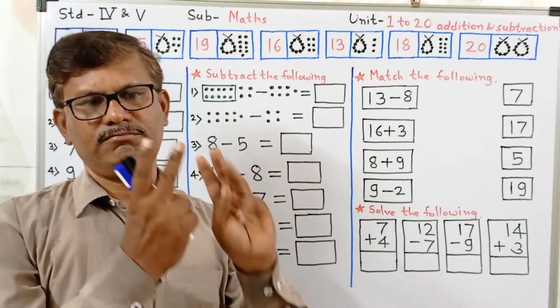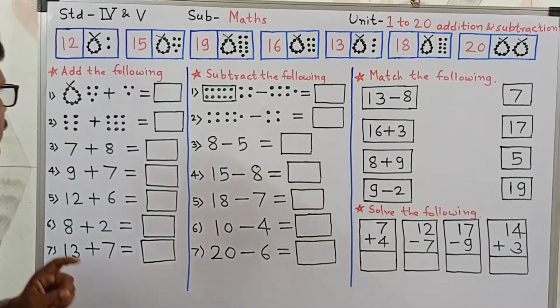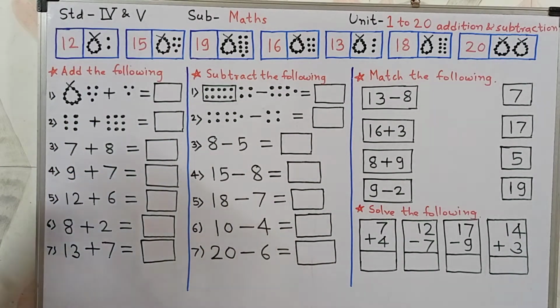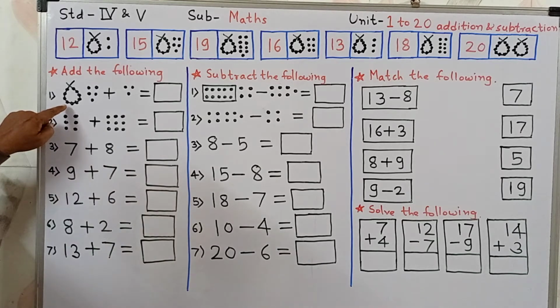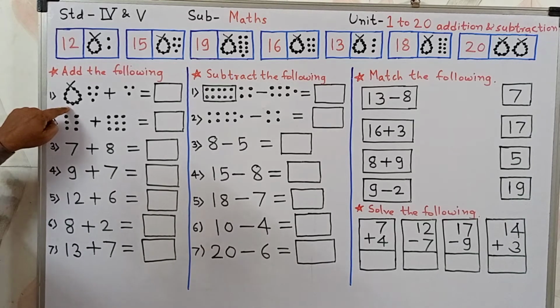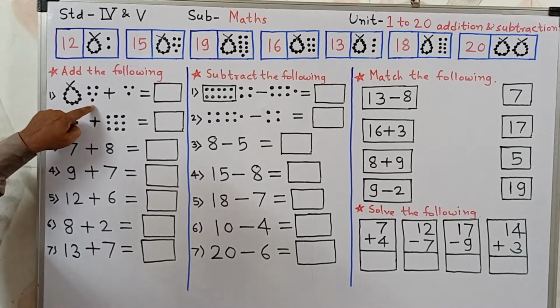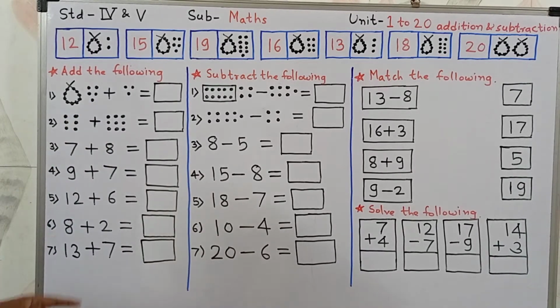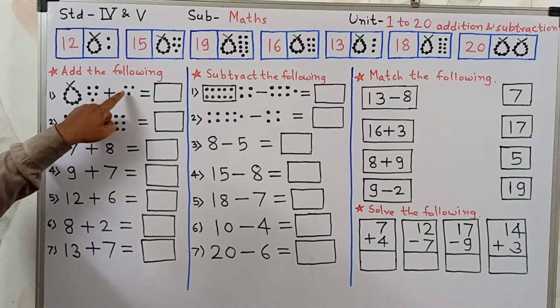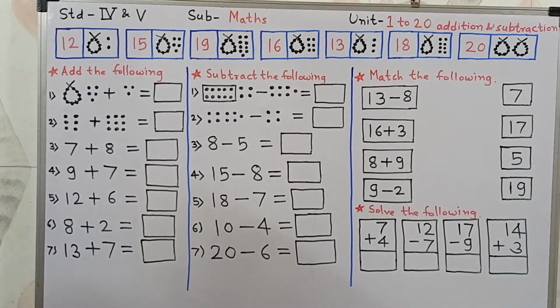Okay? This time we do this addition. Listen here. Ten and 5 units means 15. And 3 units. 15 and 3.